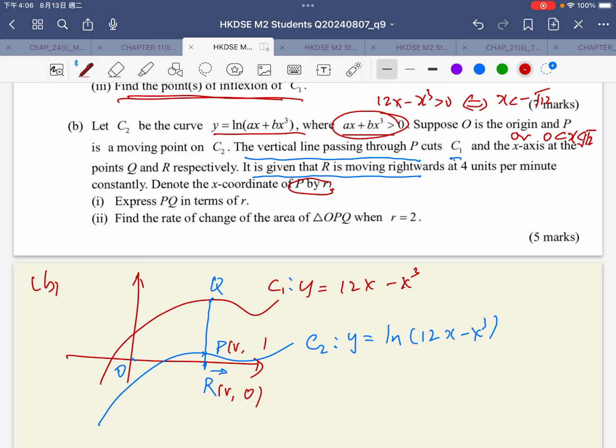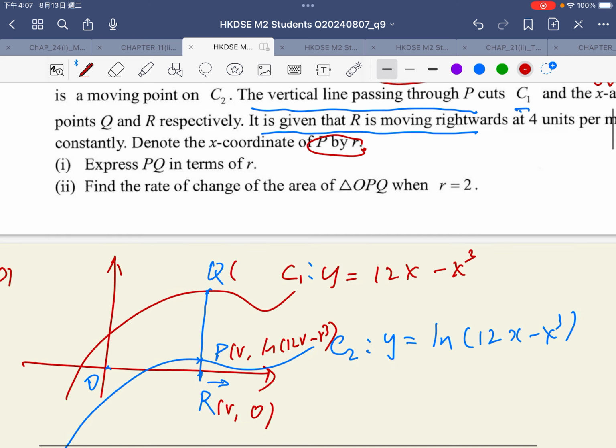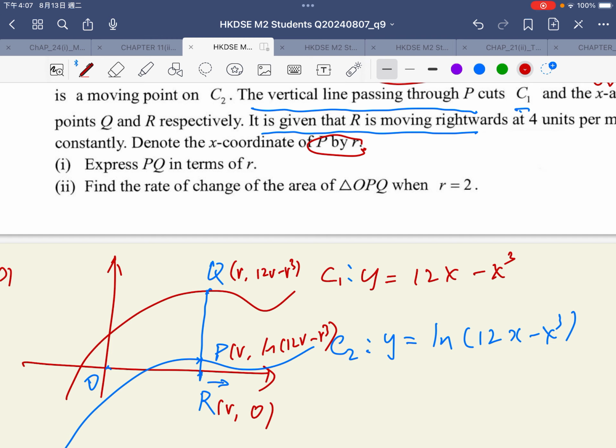It means the coordinate of R should be (r, 0), and the coordinates of P are (r, natural log of 12r minus r cubed), and the coordinates of Q are (r, 12r minus r cubed).